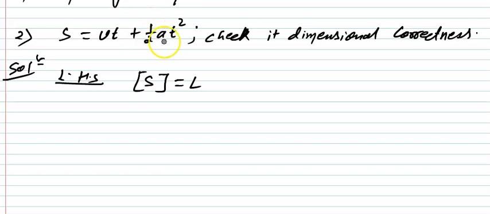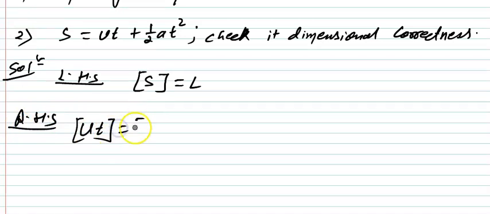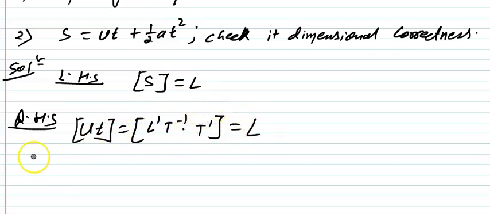So ignore 1 by 2. The dimension of ut and the dimension of at square must be equal to L. So in the RHS, what is the dimension of ut? U is the velocity, it is L to the power 1, T to the power minus 1, and the dimension of t is T to the power 1, so its dimension is equal to L.